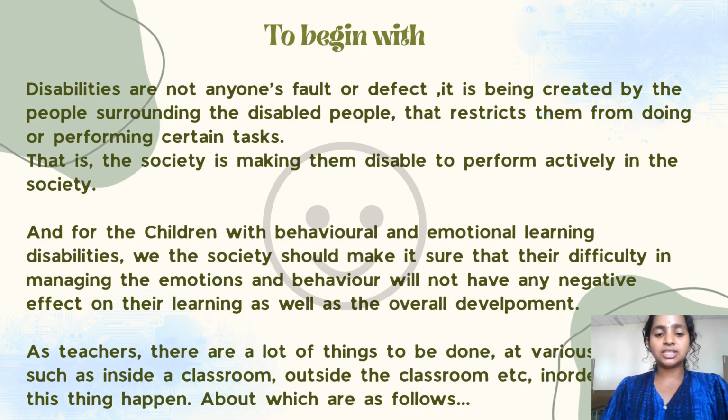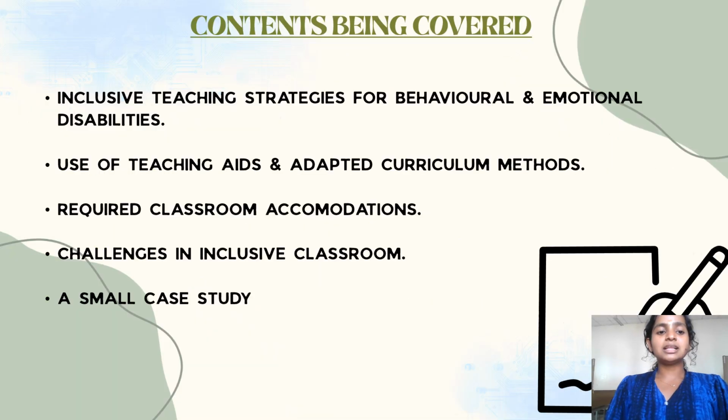And as teachers, there are a lot of things that we can do for their upliftment. Inside the class as well as outside the class, there are several measures that can help these people to live a happy life or to have a good learning process just like all the people. So here I will be mainly discussing five things. The first one is some inclusive teaching strategies for these kind of students.